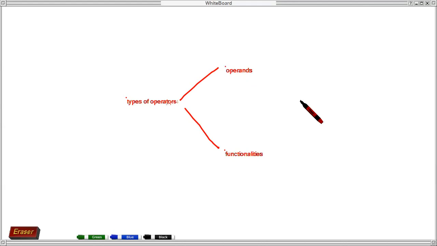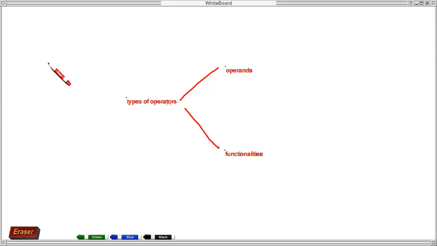As you can see, the different types of operators have been categorized on the basis of two categories, that is, the number of operands and the functionalities of the operator. Accordingly, the operators in the Java compiler are basically divided into several blocks.